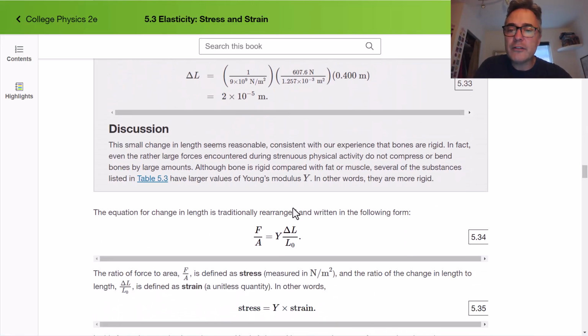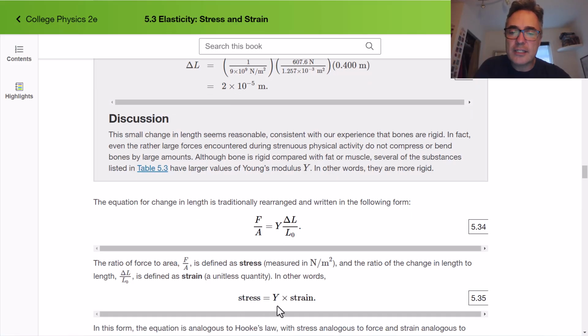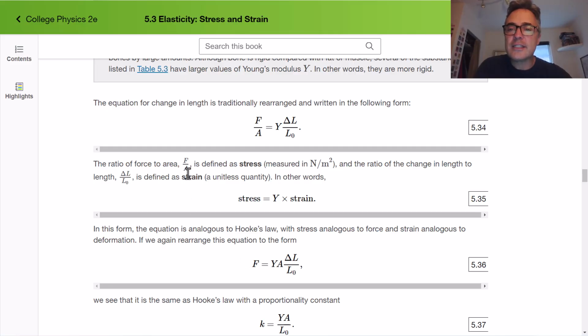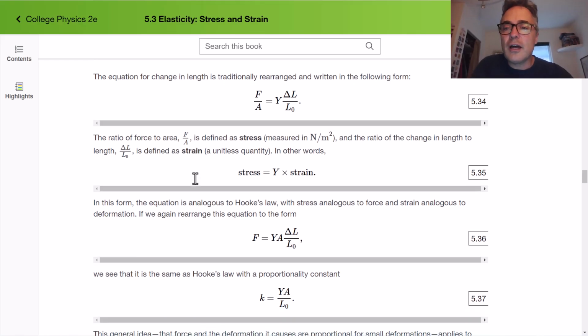If you keep going down, you'll find that there is something called stress and strain. The concept is that when you stress something, there's an external stress, then that object experiences strain. Here the force divided by cross-sectional area is defined as stress, and the strain is defined as the change in length divided by its full length.